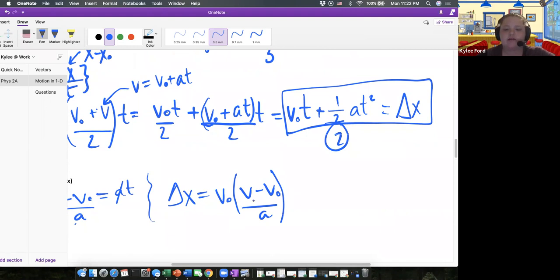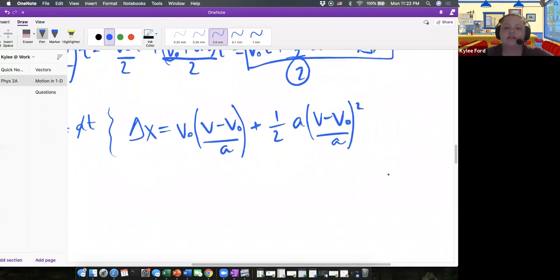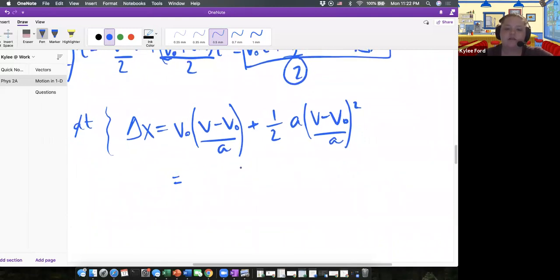V naught times v minus v naught over a plus 1/2 a times v minus v naught over a squared. So it's going to take a little bit of algebra.